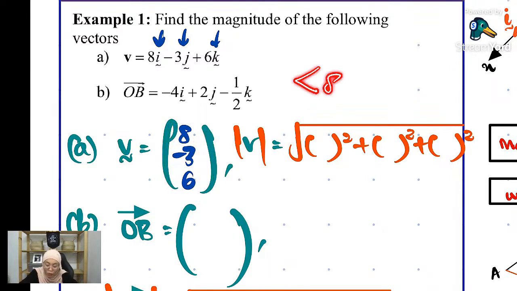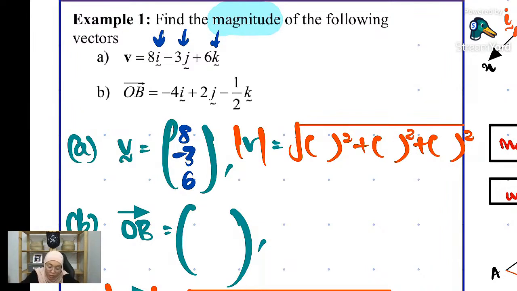Some students like to write it this way. That is also fine, no problem if you like to write vectors like that. It doesn't matter. Okay, you can go on. So the question is only asking for magnitude. So our job is to use this formula.